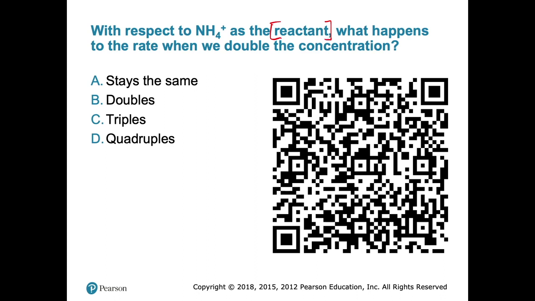Sorry, somehow I messed up that question. I forgot to put it in. With respect to concentration, as the reactant's concentration doubles, what happens to the rate? Oh, I did say that at the bottom there. What happens to the rate when the concentration doubles of ammonia?